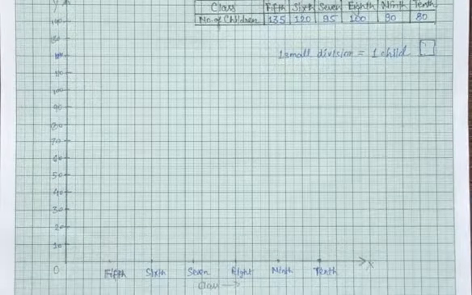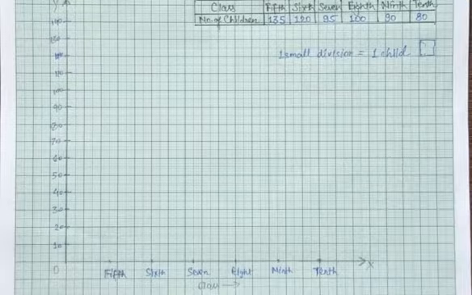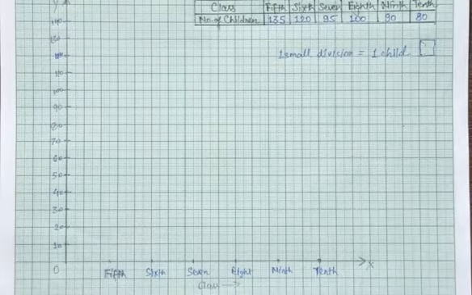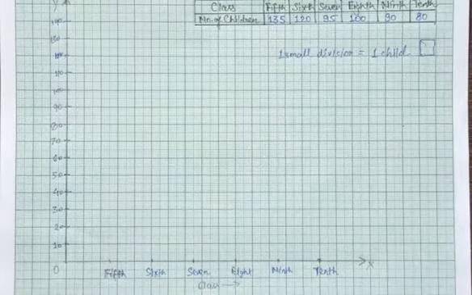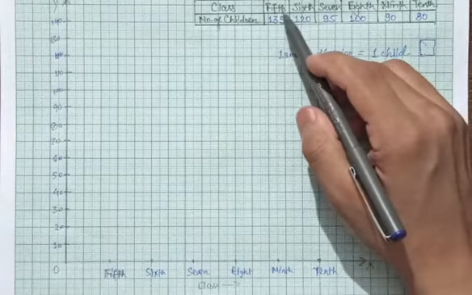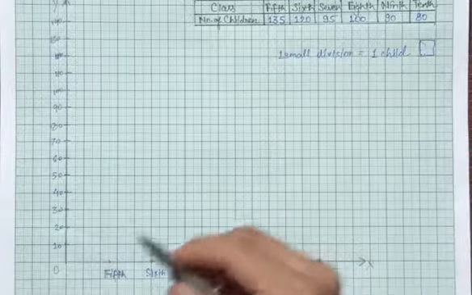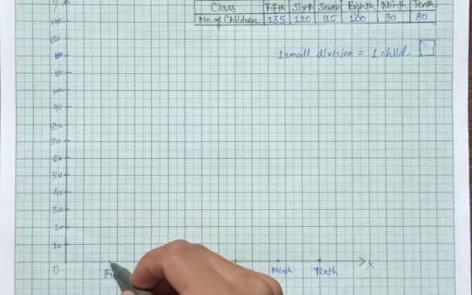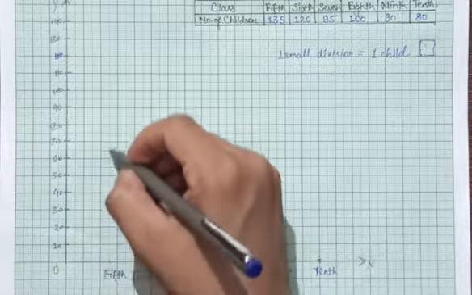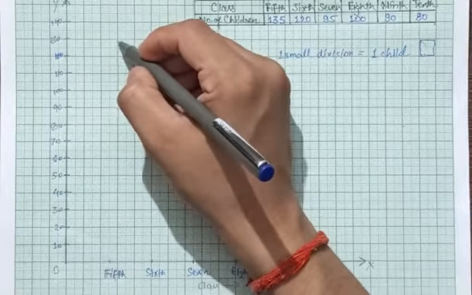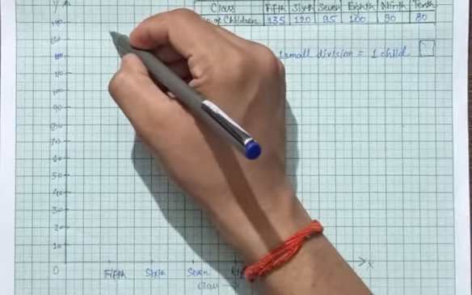Now, after that, we have to mark the height of the bars corresponding to the numerical values. So corresponding to class 5th, the bar has the height of 135. So we mark the height as 135. So this is 130 and this is 135.